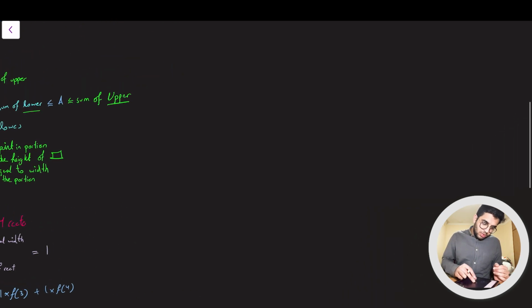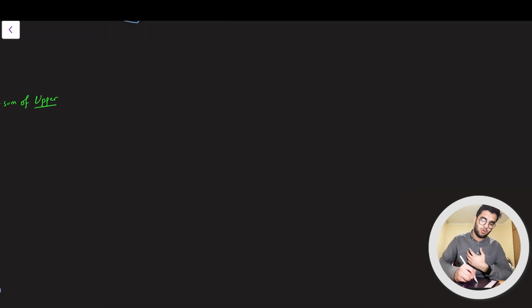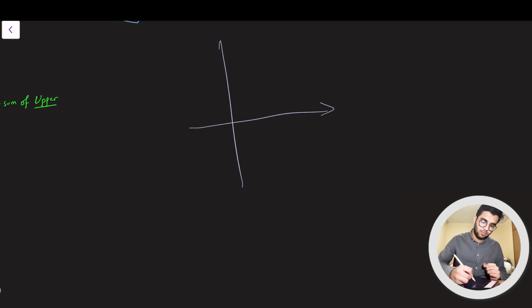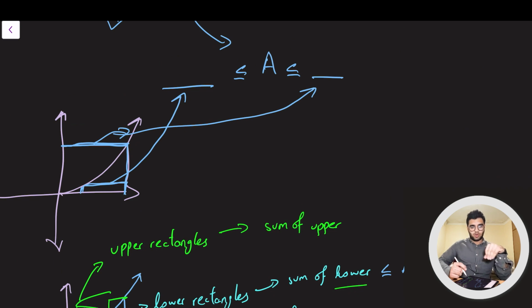So what we do instead is we realize something. When we first did this problem over here, we used one big rectangle, one small rectangle, one upper, one lower rectangle. So we did that and we got a massive error range.